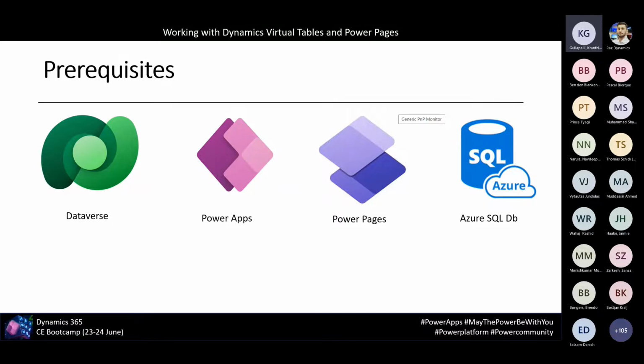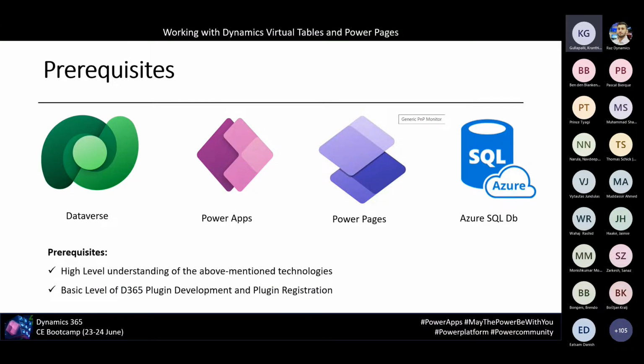And virtual tables, the topic of this day, let us pull data from external systems. That is why the last item we see there is Azure SQL DB. At this point, a few of you might not see why we are using this, but after this session you will be much clearer on why the last item is there.